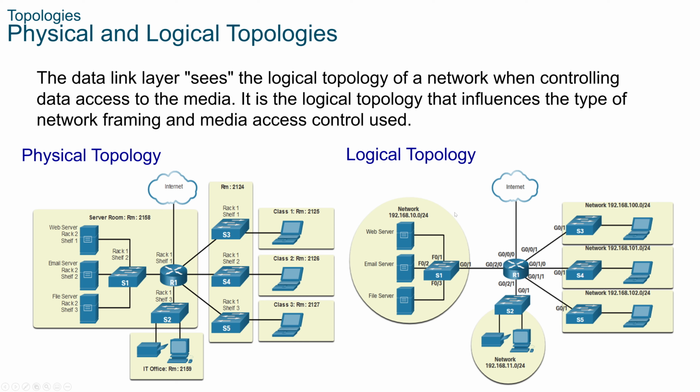Therefore, in logical topology, we separate this as one section, and this section is another section, and these are three different other sections. But in physical topology, it is divided based on the room.